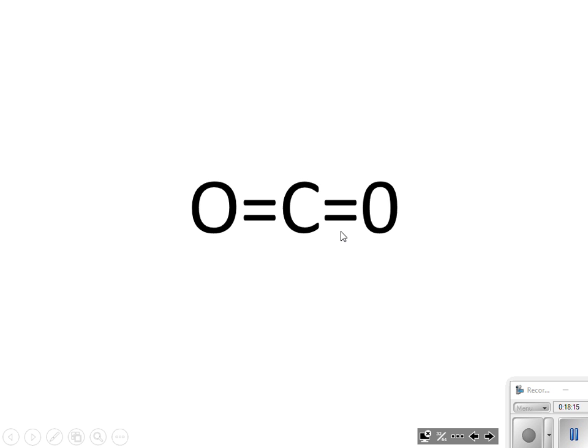So I've got carbon double bonded with two oxygen, CO2, carbon dioxide. Now look at the electronegativities. What's the electronegativity of carbon? 2.55. What's the electronegativity of oxygen? 3.44.